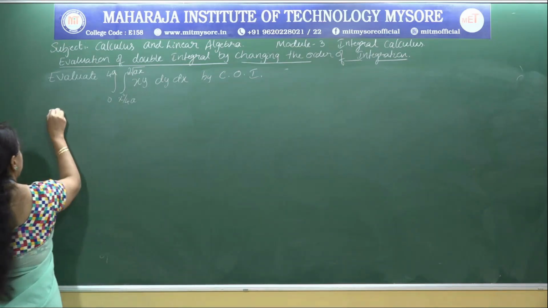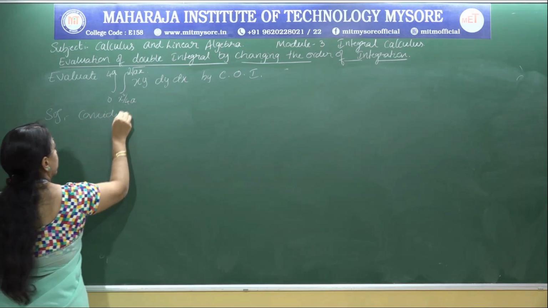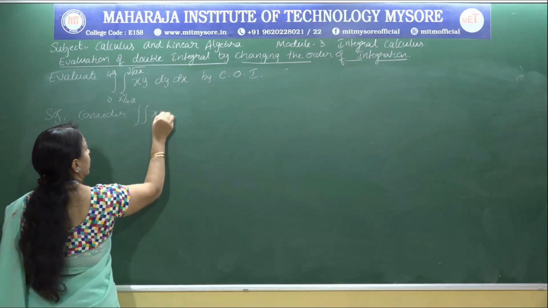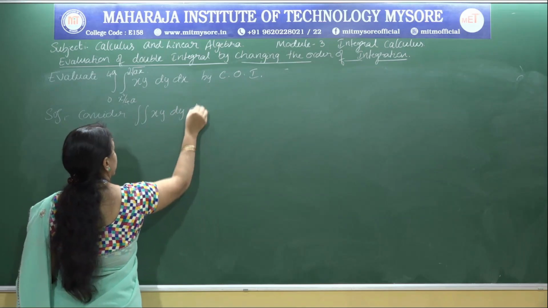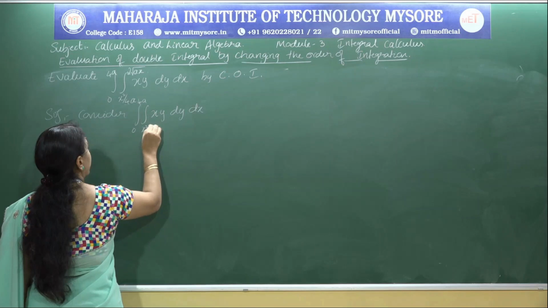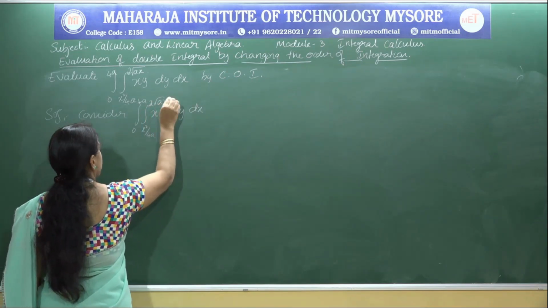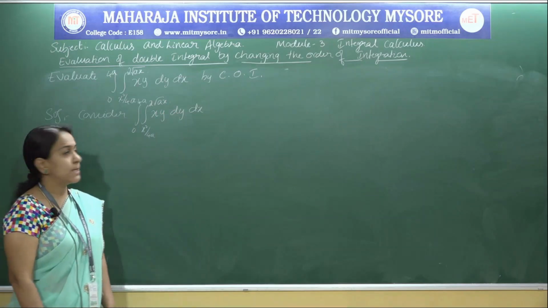Okay. So consider the given double integral of xy dy dx between the limit 0 to 4a and x square by 4a to 2 times of root of ax, square root of ax.